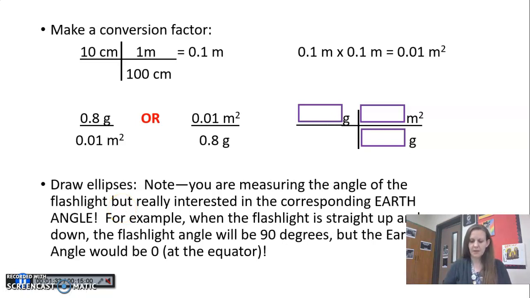First, you are going to need to make a conversion factor. Now, when we do this, you are going to calculate a mass area relationship of a known parameter. So when we do this, you are going to cut a square that is a 10 by 10 centimeter piece of paper.